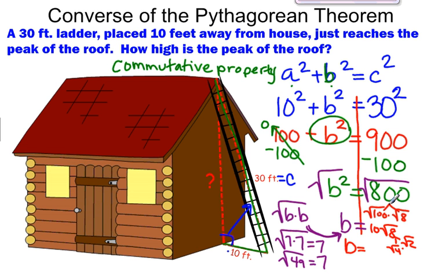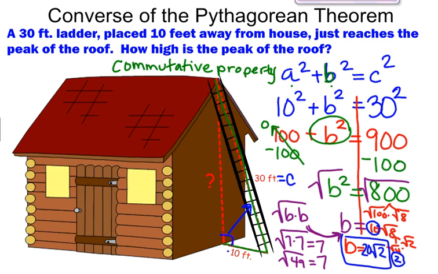And the square root of 4 is 2. And the square root of 2, I can't do. It's irrational. So my final answer will have the square root of 2 in it, because I can't do that calculation. And the square root of 4 was 2, and I already had this 10 on the outside, and 10 times 2 is 20.